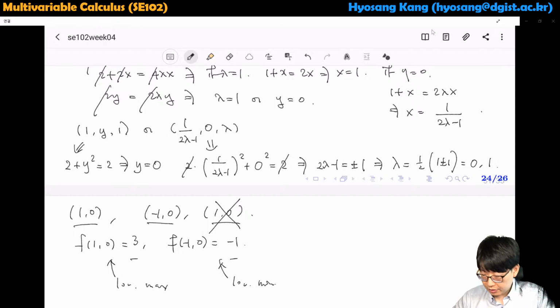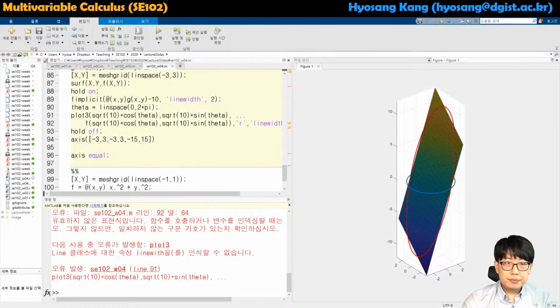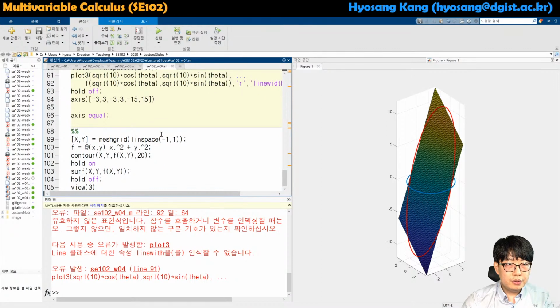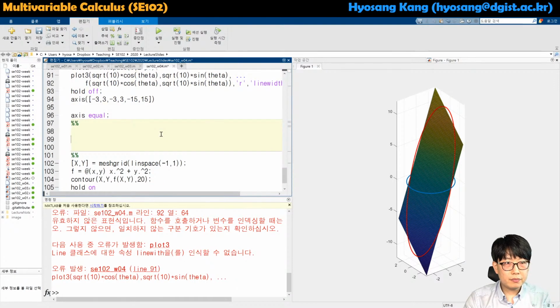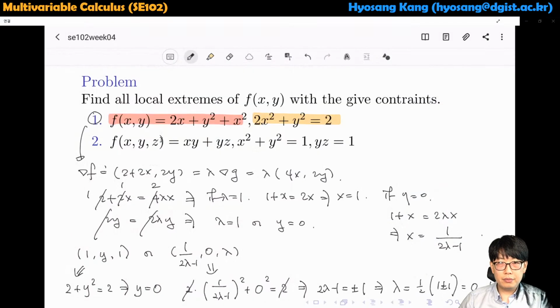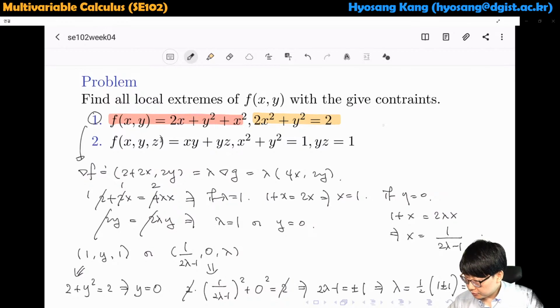Let's draw this to check that what we have done is correct. All right, so let's look at the constraint here. This is an ellipse, so I can rewrite this as x squared plus y squared over 2 equals 1.